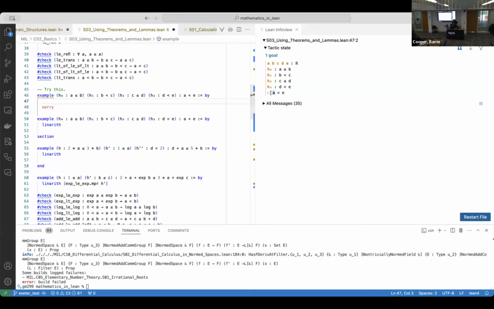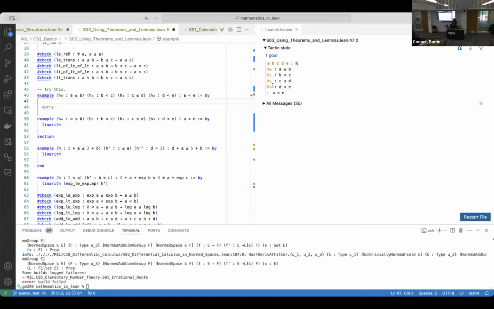Okay. So we want to prove that A is less than E, and we could do it forwards. I think Heather is suggesting that we should only do forwards proofs because that's how people do things, but it's easier to do backwards proofs in a theorem prover.